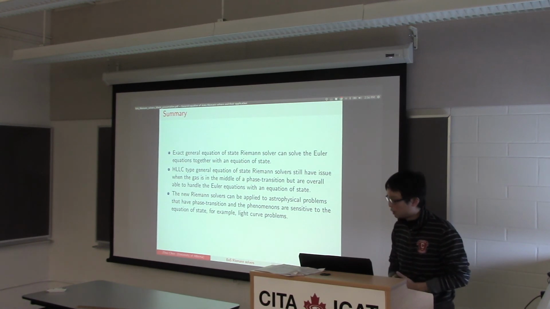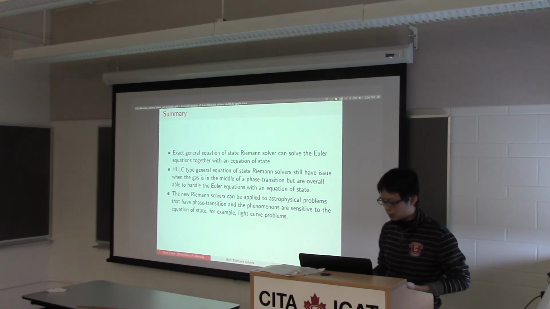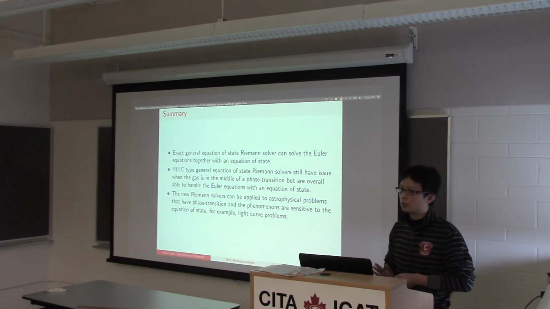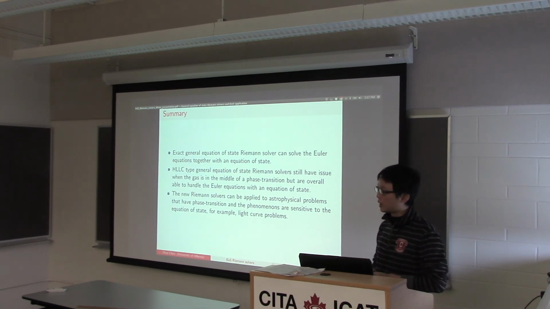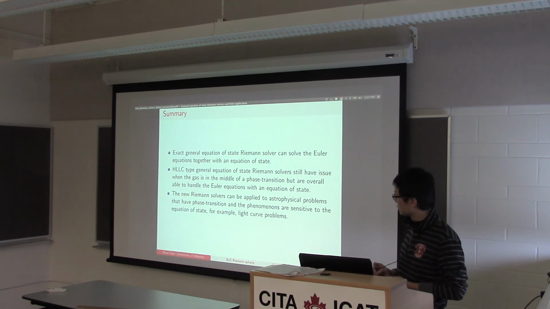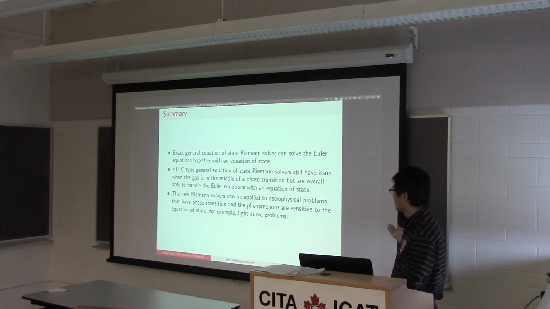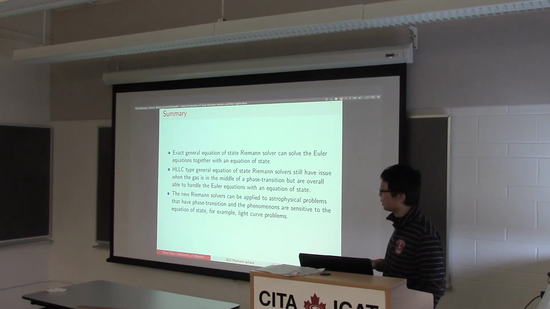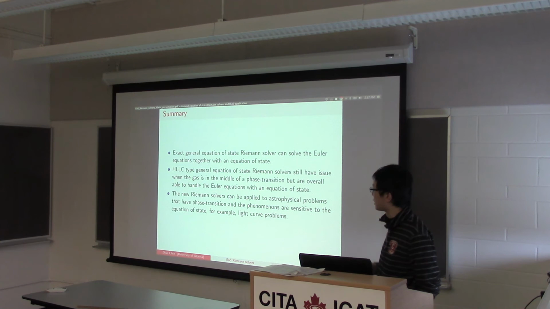To summarize, we have described the exact general equation of state Riemann solver that can solve the Euler equation and an equation of state together. The HLLC-type equation of state Riemann solver still has issues with the gas when it's in the middle of a phase transition, but overall it can get a good shape of the profile.